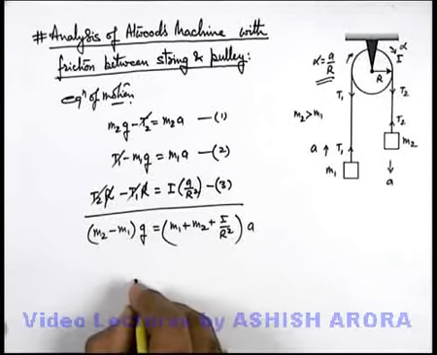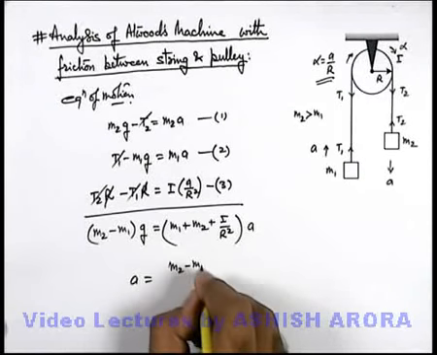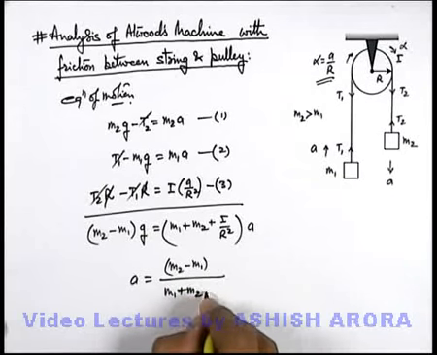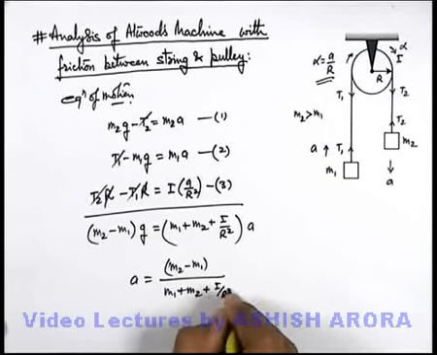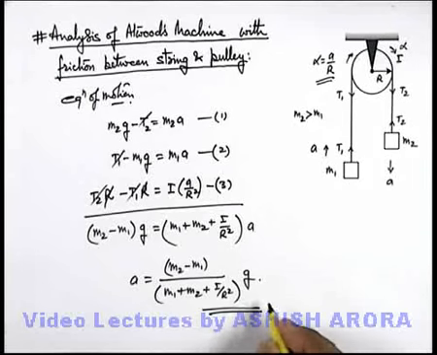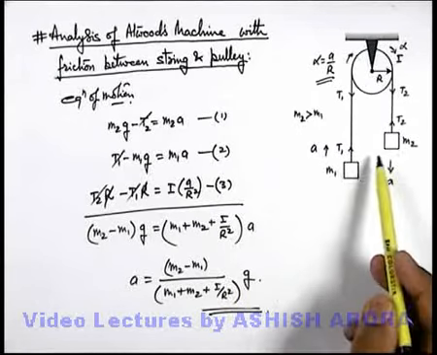So on solving, I'll get the acceleration of the blocks, that is (m2 minus m1) upon (m1 plus m2 plus I by r square) into g. This is the way we find the acceleration of the blocks in the case of an Atwood's machine.